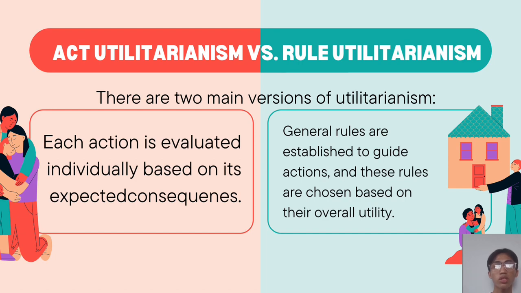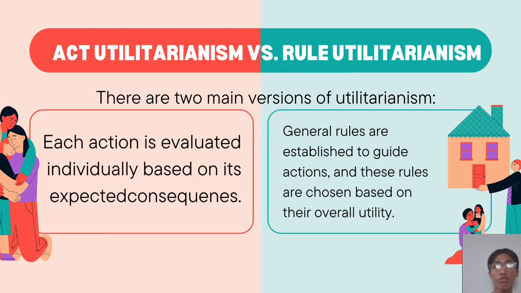The strong rule utilitarianism states that rules cannot be broken no matter what. An example of this in action is that we all should agree that lying to others is wrong, because telling the truth is a universal rule that leads to more utility.